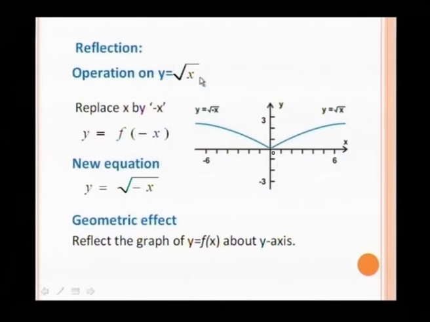So our function becomes y is equal to f of minus x, and finally our new equation is y is equal to square root of minus x. And the geometric effect of this change is that it reflects the graph of y is equal to f of x about the y-axis, which is the vertical line. So you can see that on the right hand side and on the left hand side, both graphs are reflections of each other about the y-axis.